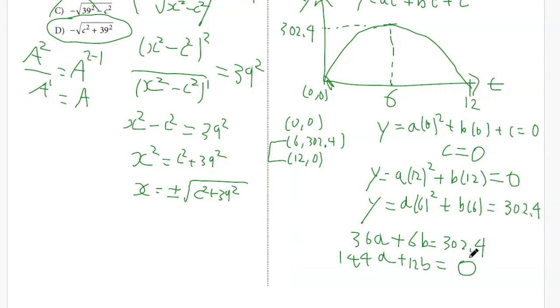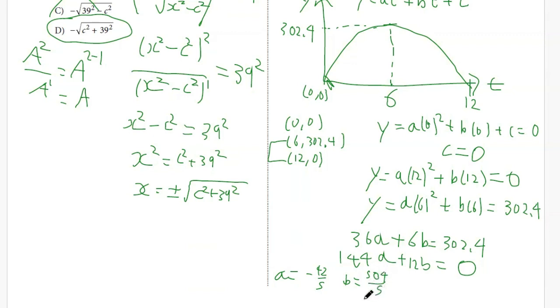Go ahead and solve for a and b using the system of linear equations, and you'll get a is equal to minus 42 over 5, and b is equal to 504 over 5.